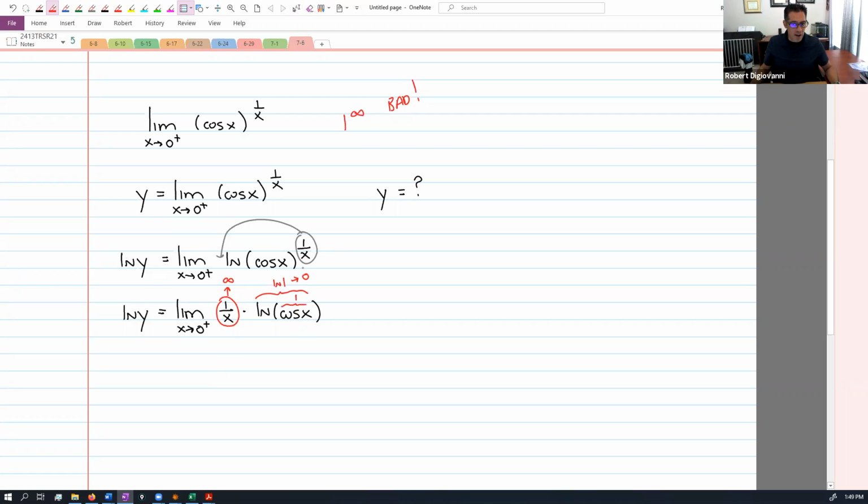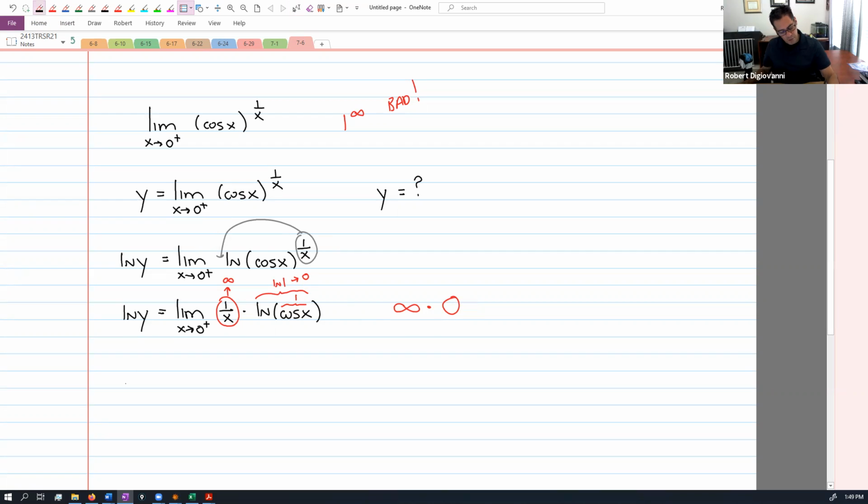So what do we have now? We have infinity times 0, so we could drop 1. You see that? This goes to infinity. This goes to 1. Natural log of 1 goes to 0. And now we have infinity times 0, which is the previous type. So we pick 1 and drop it.